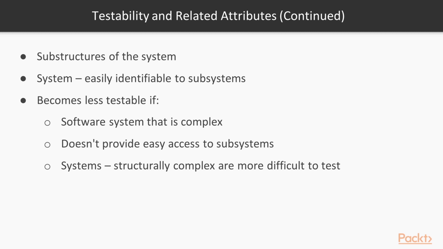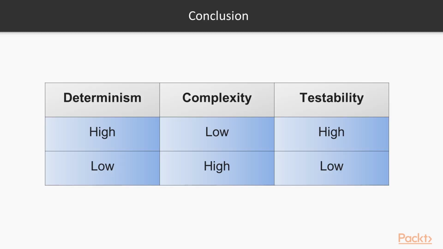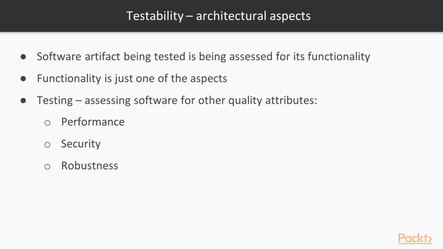This means that systems which are more structurally complex are more difficult to test than the ones which aren't. Let us list this down in an easy-to-read table. You can easily come to the conclusion that a system with high testability is a system with high determinism and low complexity.